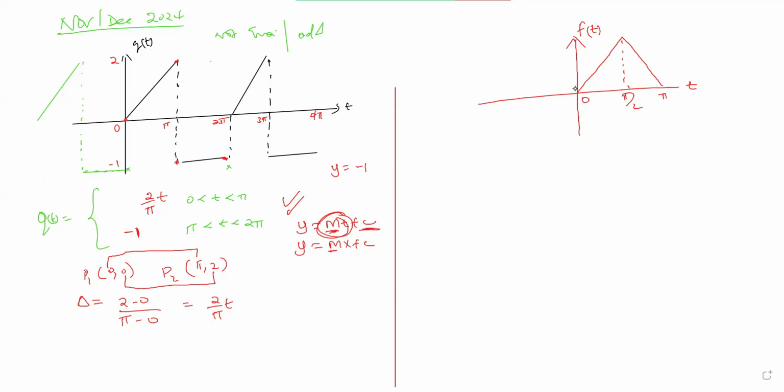So for it to be even, I just have that and that. You see that? That will make my function even. If I want to make it odd, I just add this. Because remember, odd functions are symmetrical about the origin, and even functions are symmetrical about the y-axis. So whatever you have here should be here. For odd, whatever you have here should be on the opposite side.